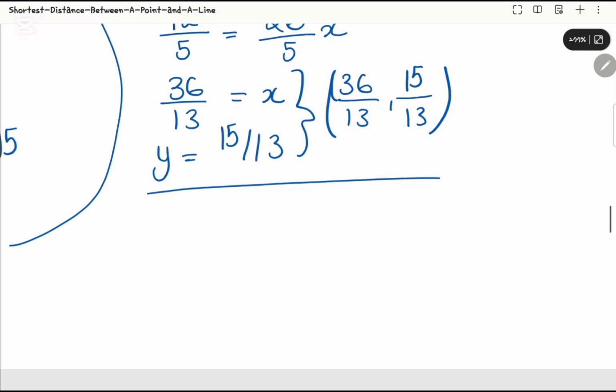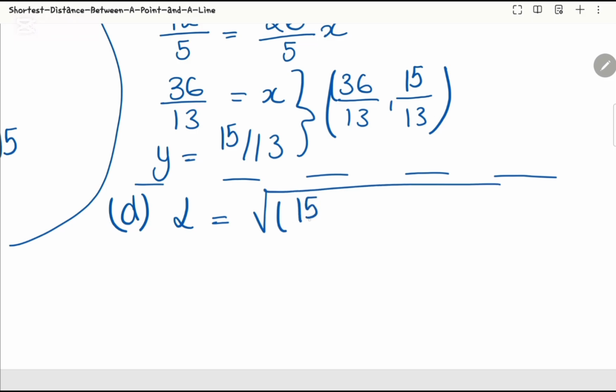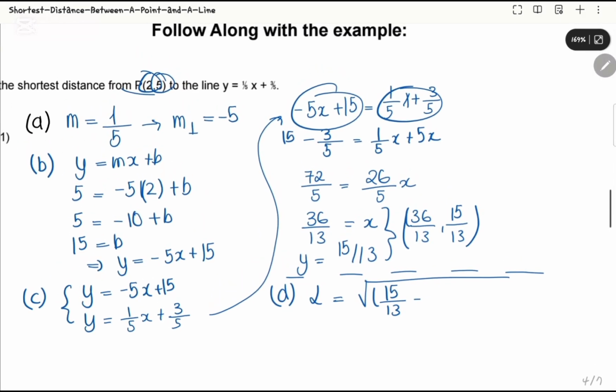So, last step. Square root of 15 over 13 minus 5, P's 5, squared, plus 36 over 13 minus 2 squared.